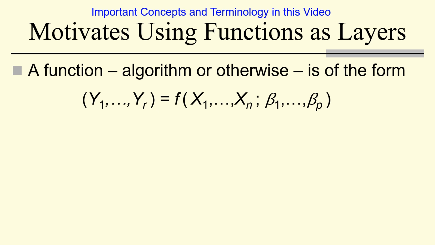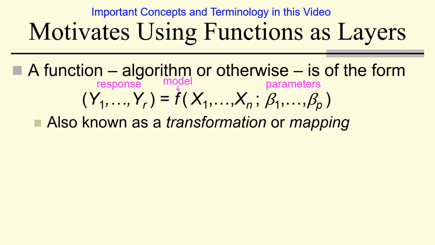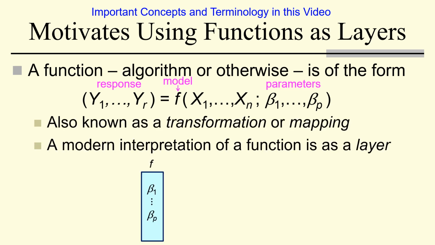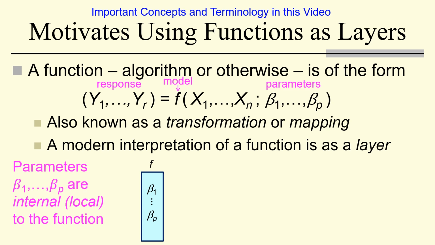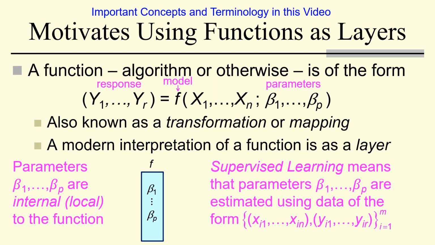So we have functions of this form, a response, a model and parameters, also known as a transformation or mapping. But the modern interpretation is as a layer. Parameters are internal or local to the function. Supervised learning means that the parameters are estimated using data of this form, labeled data.